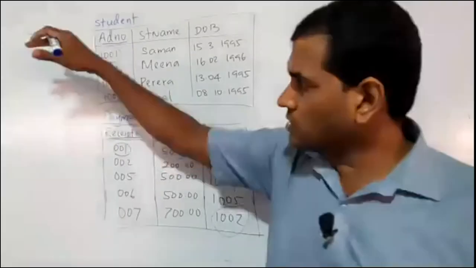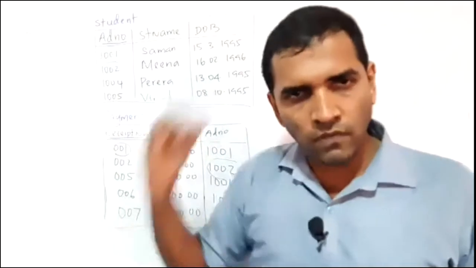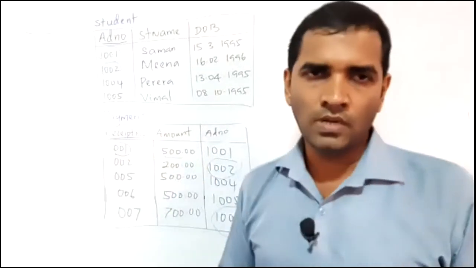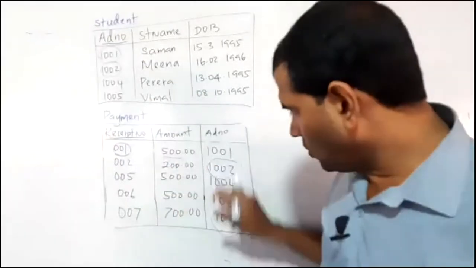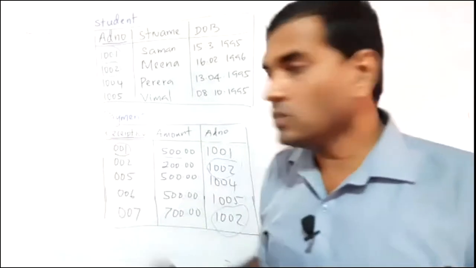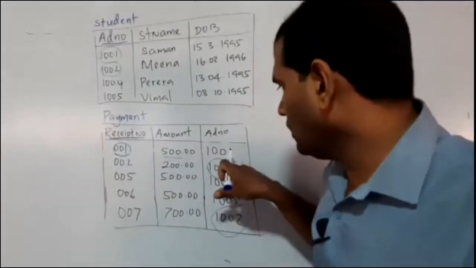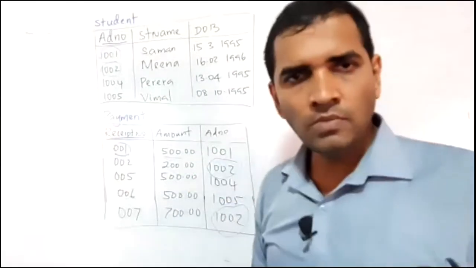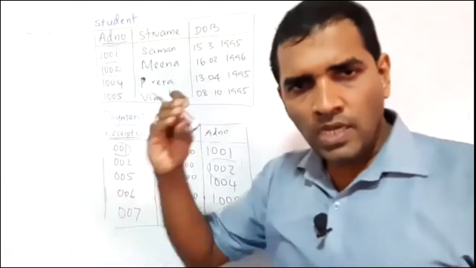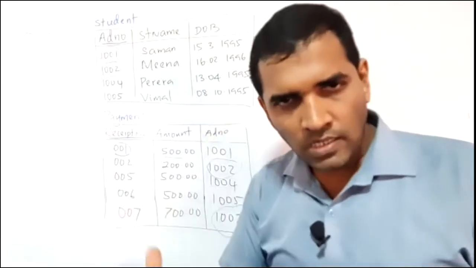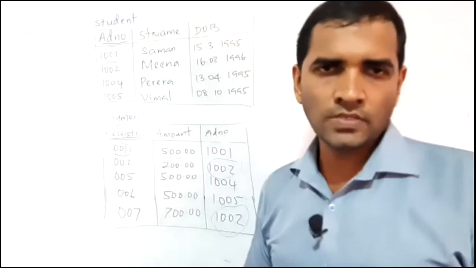But if it is one-to-one, the data in the first table must have only one similar data in the second table. That is one-to-one.